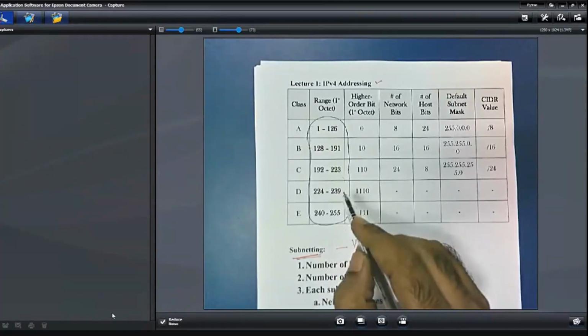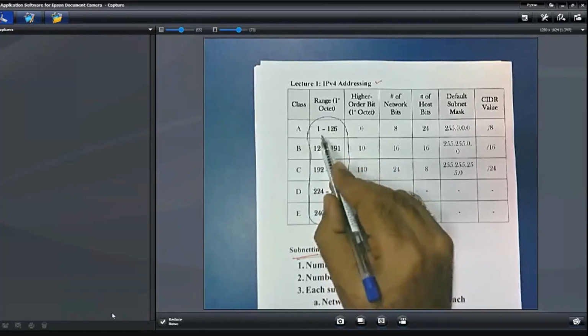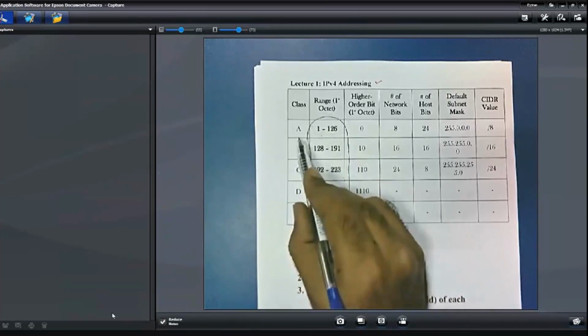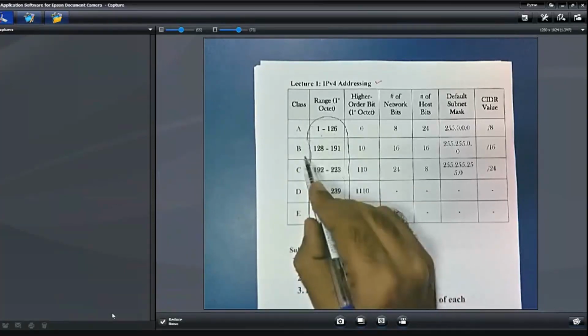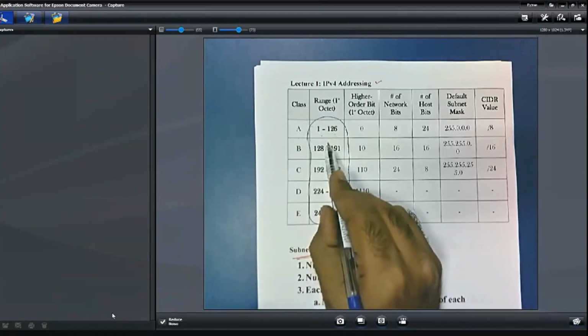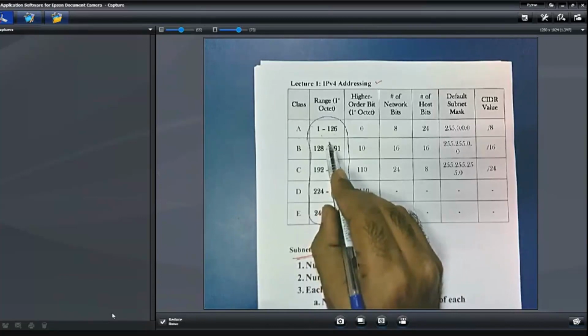Now, class A, what is the range? 1 to 126 is the range for class A. Class B starts at 128. 127 is not here because it is a loopback IP address.